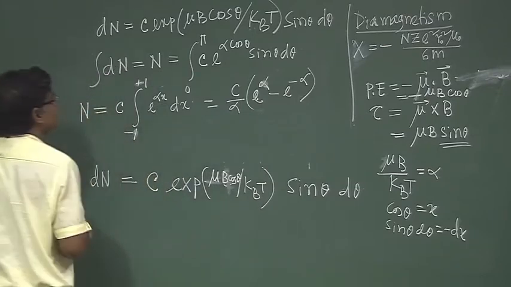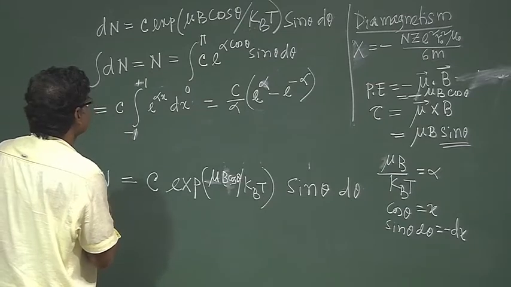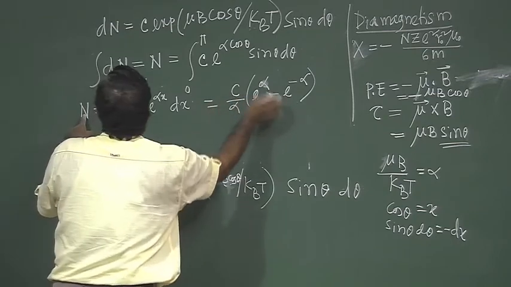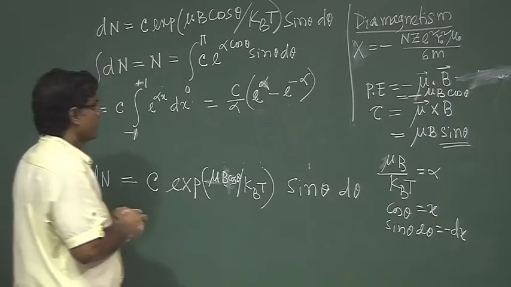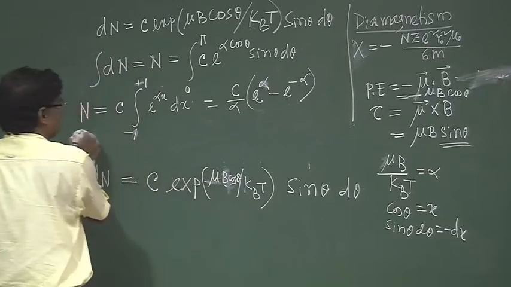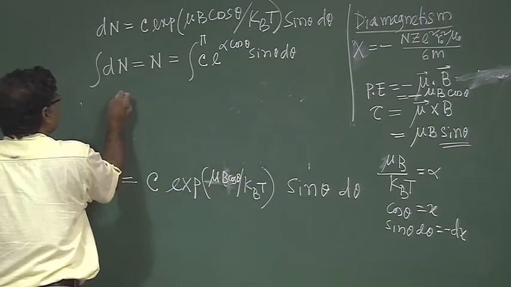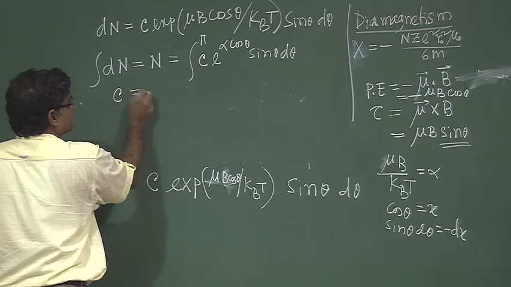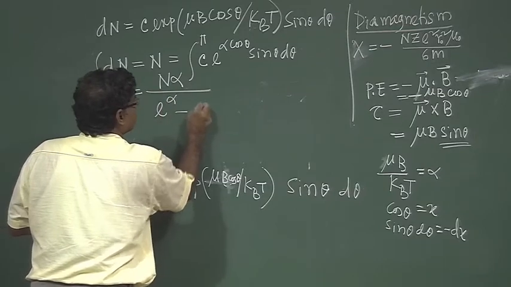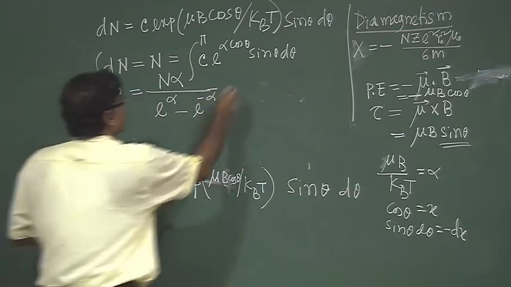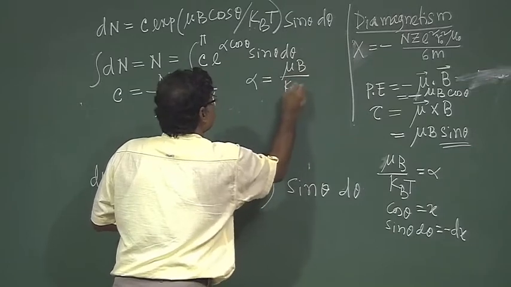So what I am getting is the C value equal to n alpha divided by e to the power alpha minus e to the power minus alpha, right, where alpha equals mu b by kbt.